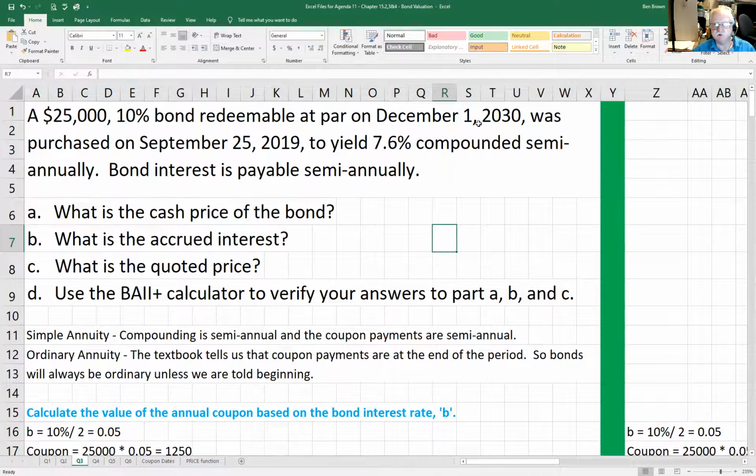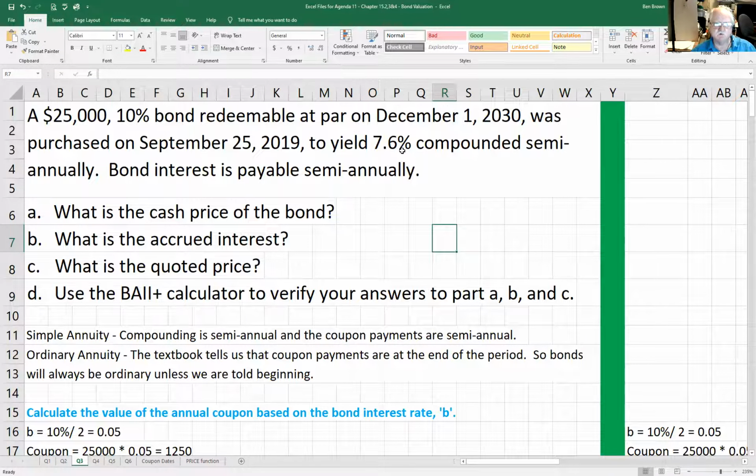On December 1st, 2030, was purchased on September 25th, 2019 to yield 7.6%. So we can see the interest rate has gone down. When this bond was written, the interest rate was 10%. But now the interest rate has gone down to 7.6%.